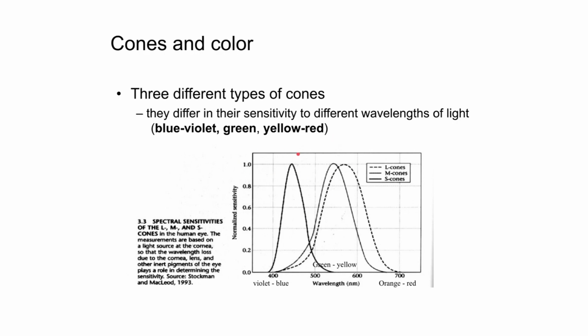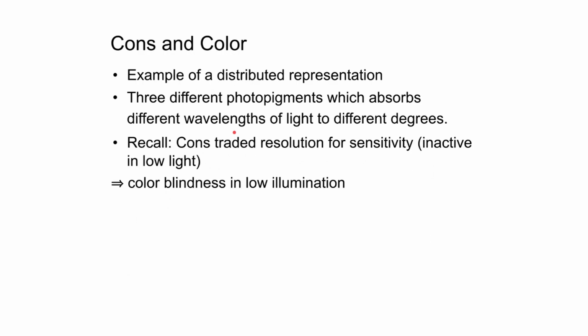For instance, if the object we are seeing is in the shorter wavelength form, then we are able to see the color in that short wavelength, like violet-blue. If the color we are seeing is, for instance, yellow-red, then that is defined to be in the longer wavelength form. So the responsible cone for this would be the L cone. The same is true for the green cone, or M cone.